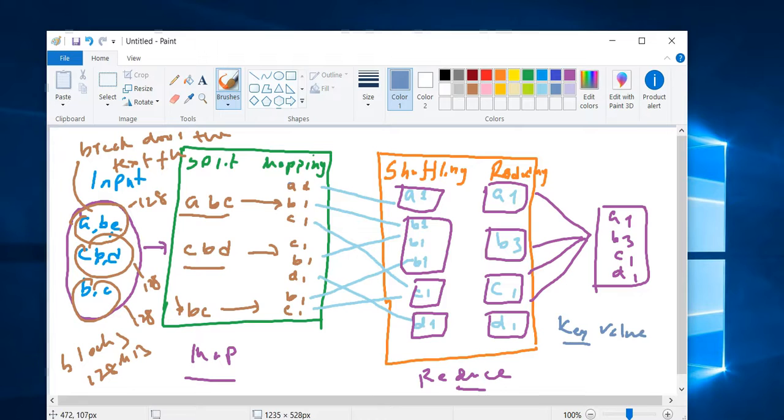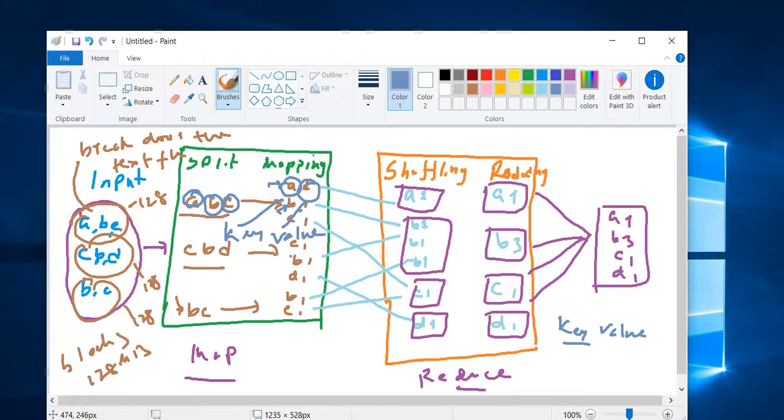So you can see that this word is a key, and this is the value, and the key is the string, and the value tells how many occurrences there are for that particular string in this read. Okay, so we have A, 1, that is what we can see, and then we have B, 1 occurrence over here, and then C, 1 occurrence over here.